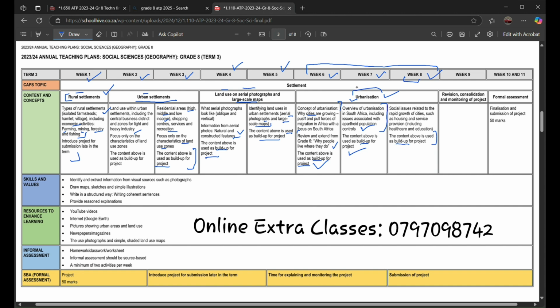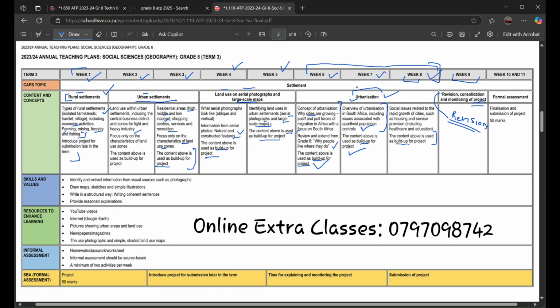Okay, so now we have basically covered what we will be doing from week 1 to week 8, and then after week 8 we will move to week 9, wherein we will be dealing with revision. So we'll be revising everything that we've covered from week 1 to week 8. Okay, and we'll also be busy with the project.